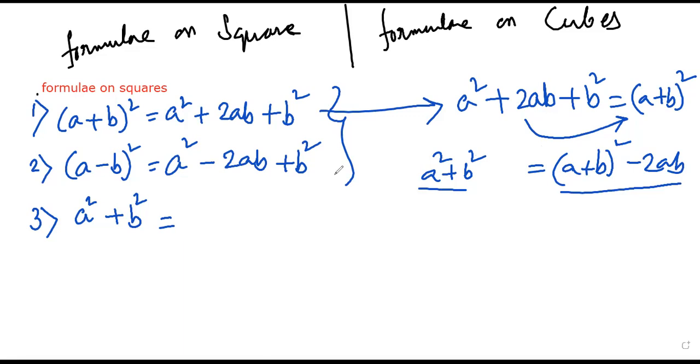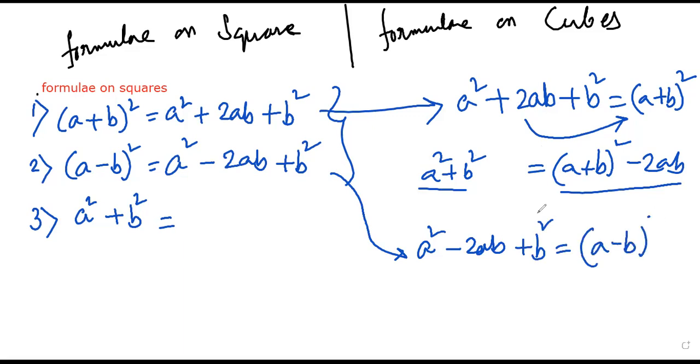And again, from the second formula, we can also write a square minus 2ab plus b square equal to a minus b whole square. Okay, and again move this minus 2ab to the right hand side.